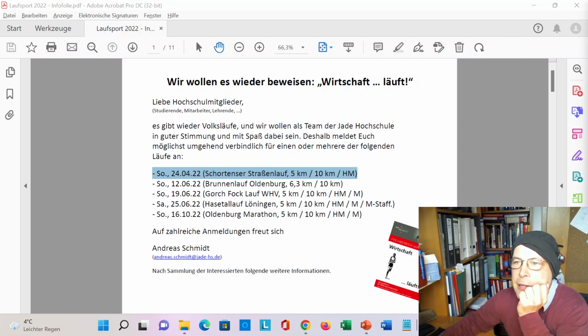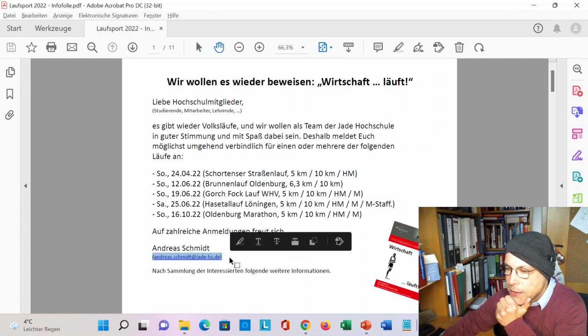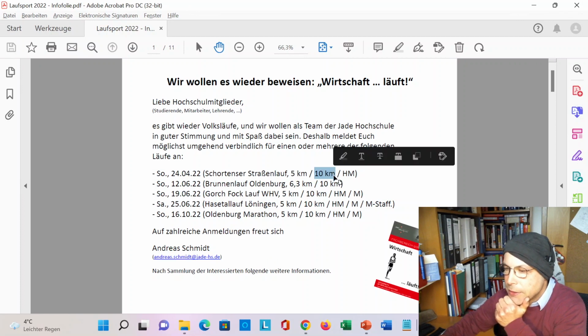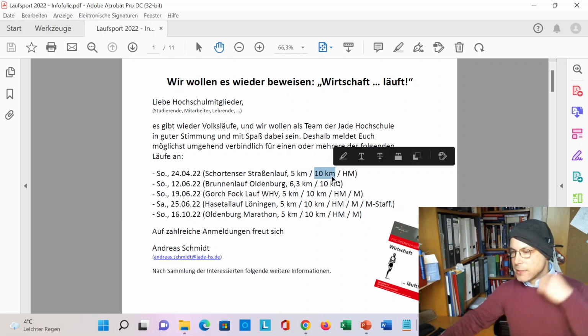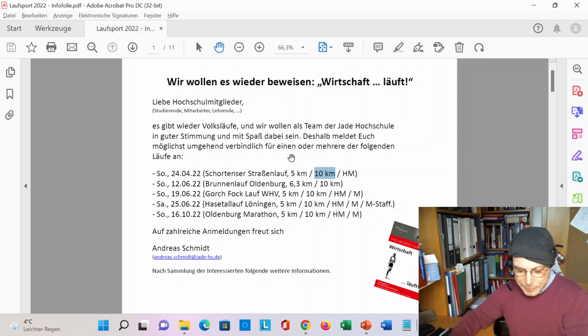If you like, you can call my colleague down here, and it would be nice if you would participate. I will try the 10 kilometer. I'll see if I make it under 1 hour. I don't know. I haven't run 10 kilometers for 3 years.